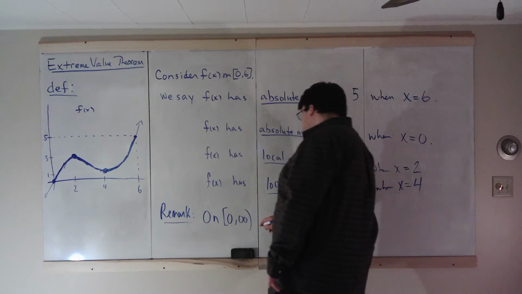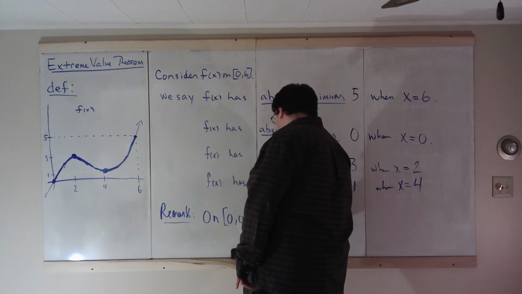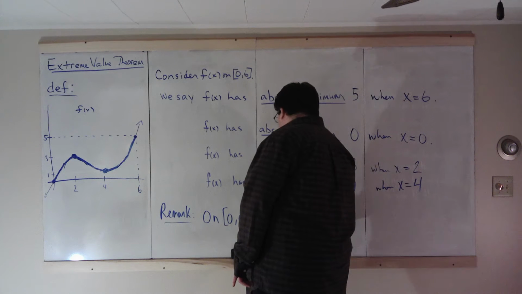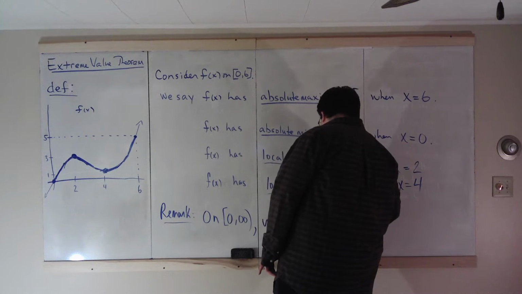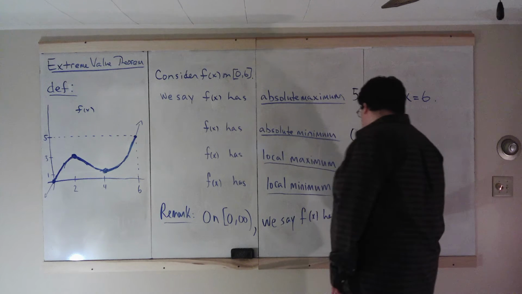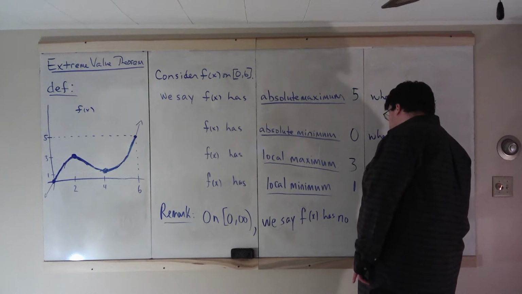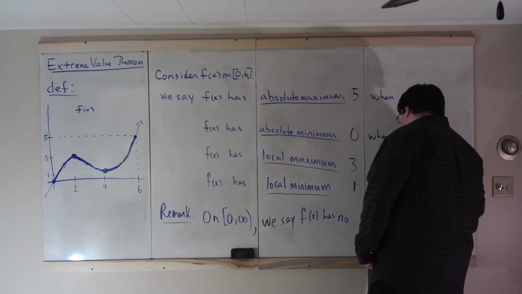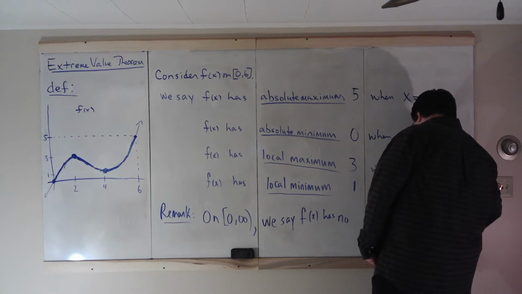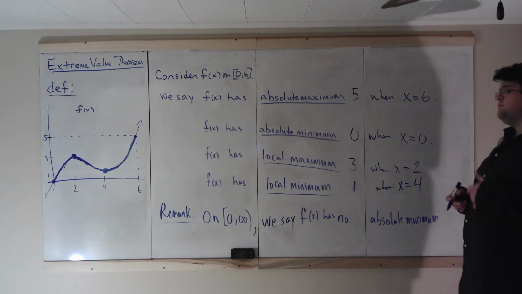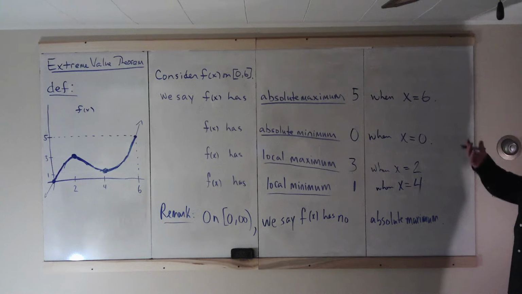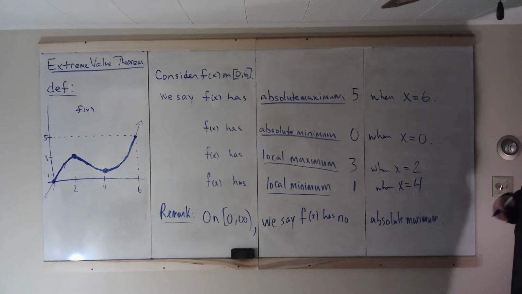But we'll just say on 0 to infinity, f has no absolute maximum. So we're not going to say it has absolute maximum infinity. If that is the case, it has no absolute maximum. Our absolute maximum, minimum, and local ones are going to be finite values.